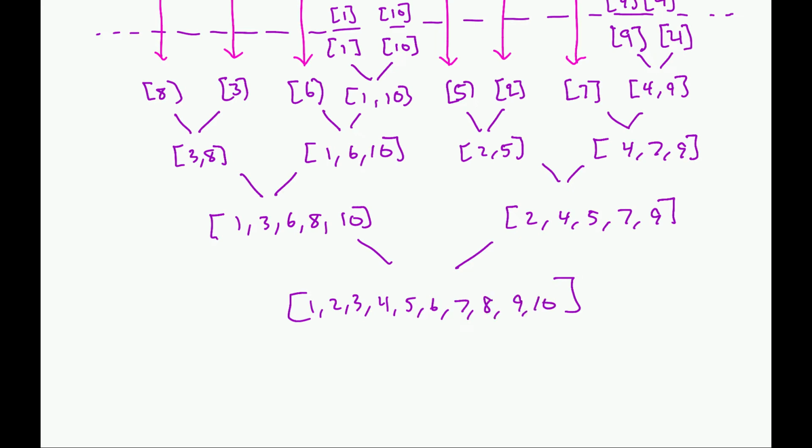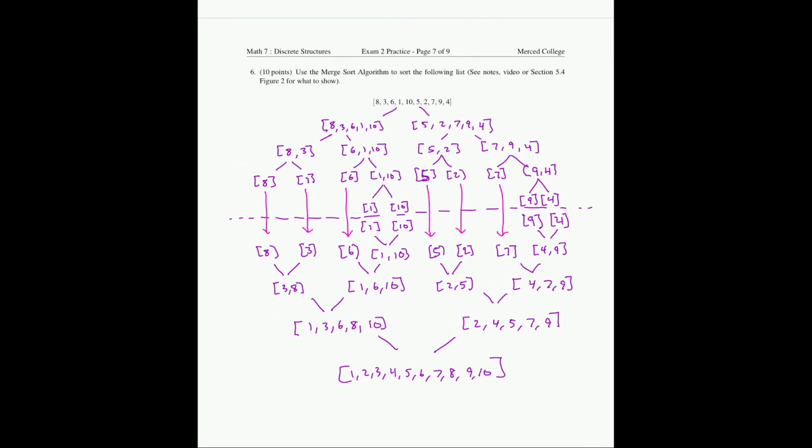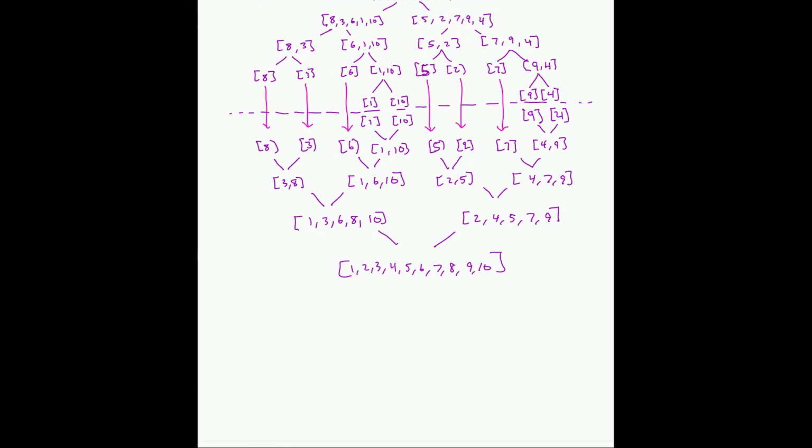And it's done. So that's how you would show the merge sort algorithm working. There is an example in the book and also examples in the notes if you need them. Yeah, so that's it.